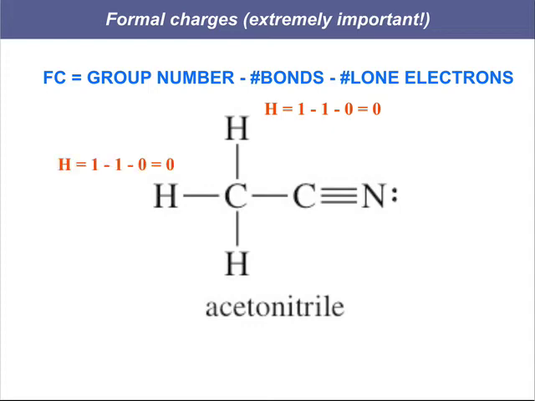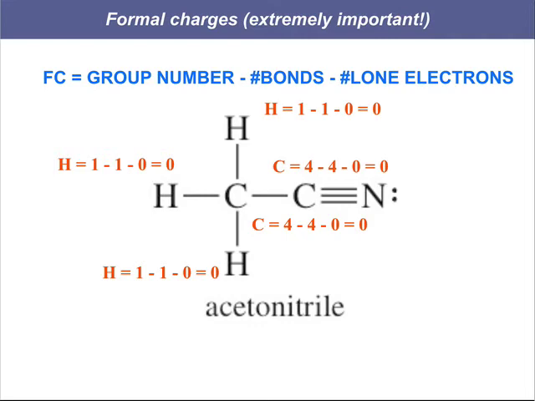Same thing for the other hydrogen, group 1 minus 1 bond. The third hydrogen, group 1 minus 1 bond. We can look at carbon. Carbon is group 4. Subtract off 4 bonds and subtract off no lone electrons. It's going to be 0. The other carbon is the same.